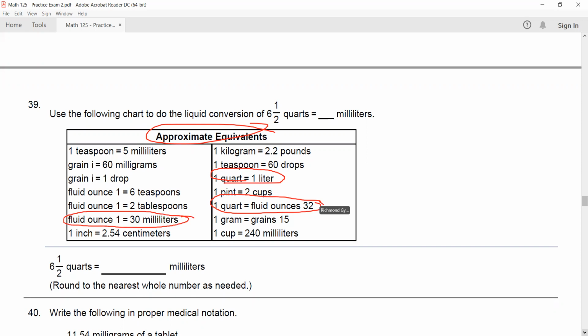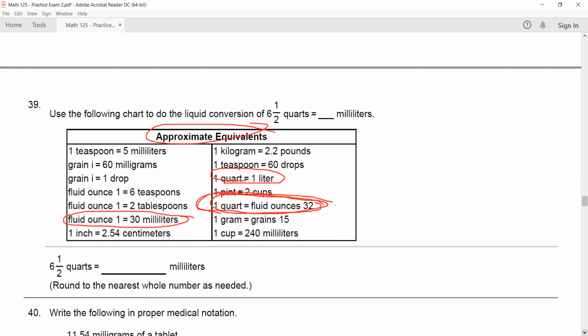Then I also have fluid ounce here with quarts. So I could create a two-step process where I change from quarts to fluid ounce and then from fluid ounce to ml, right? Yes, it would work.